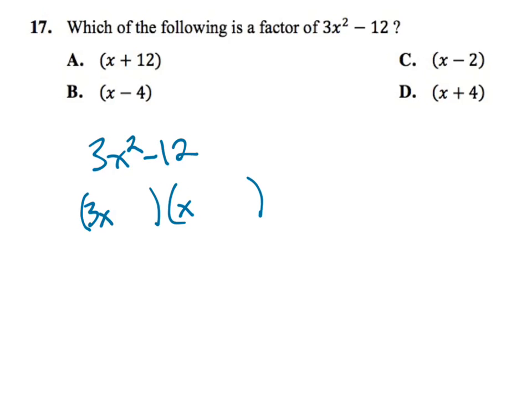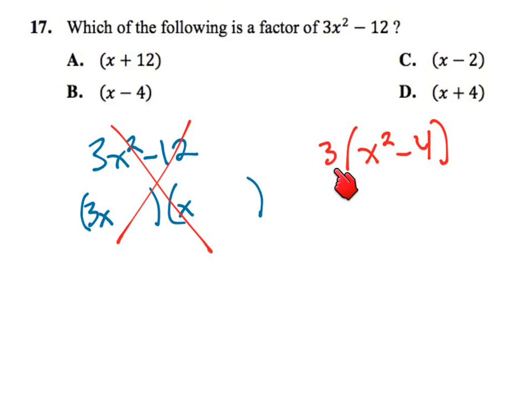There's a greatest common factor here, so forget that. Greatest common factor is 3. So if I factor 3 out, I get 3 times x squared minus 4, right? That is equal, right? And now I'm going to say, well, that's 3 times the product of 2 binomials, and figure out what those binomials are.